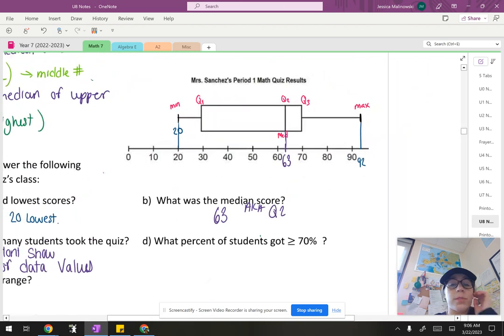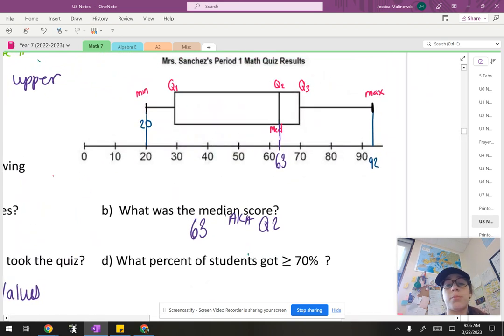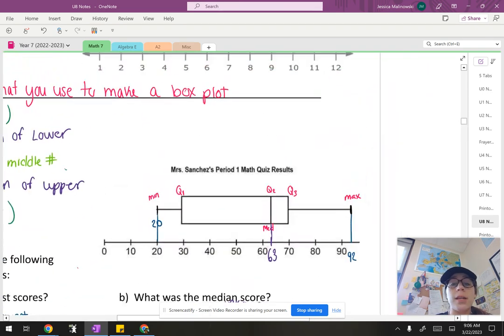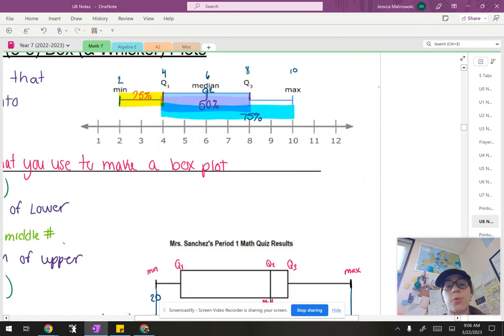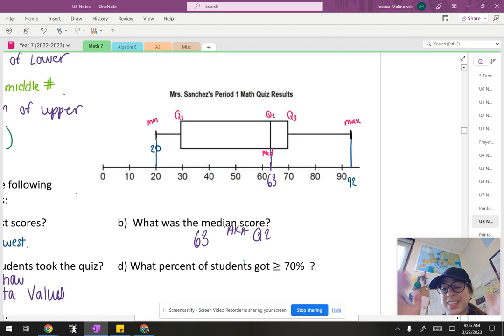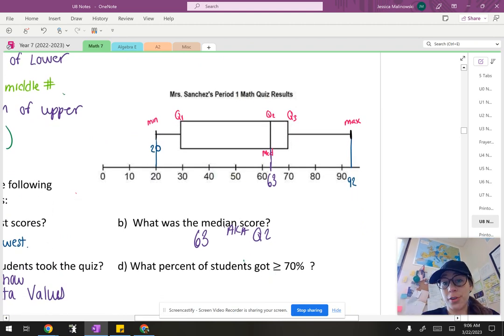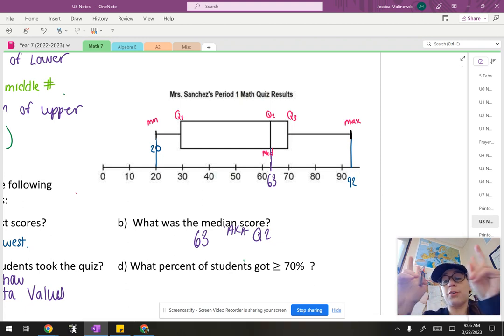Okay, taking a pause and coming back to talk about some of the percentages. What makes this example 1 graph different than the first one we started with? You might be noticing that it's not symmetrical. The sections are not all equal in quote unquote length.